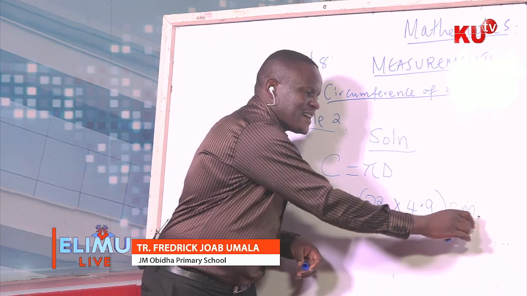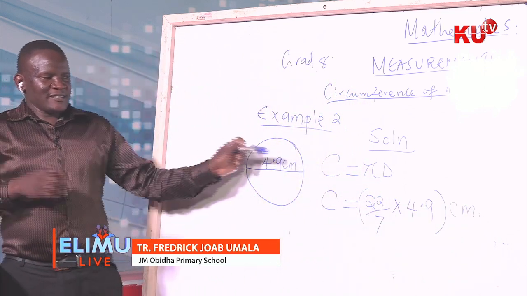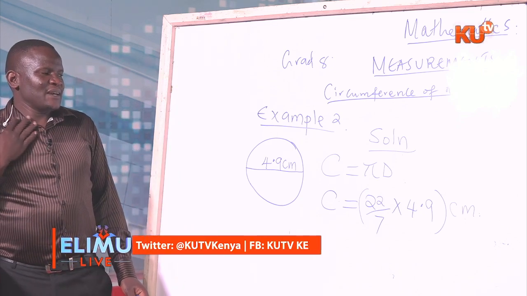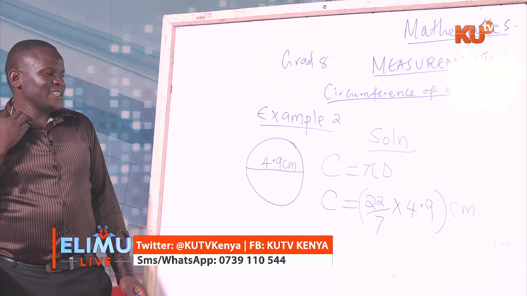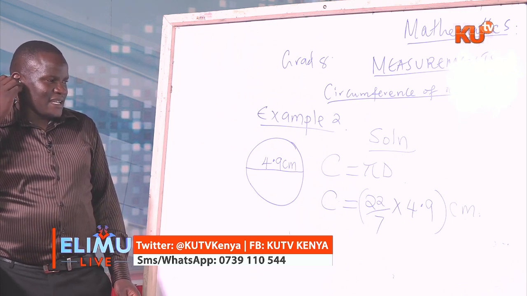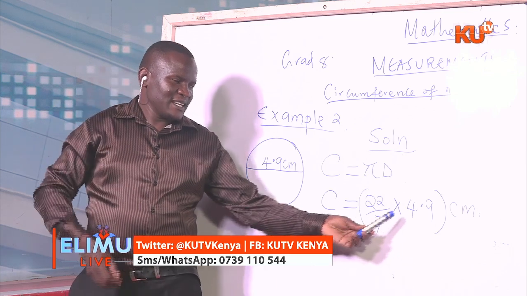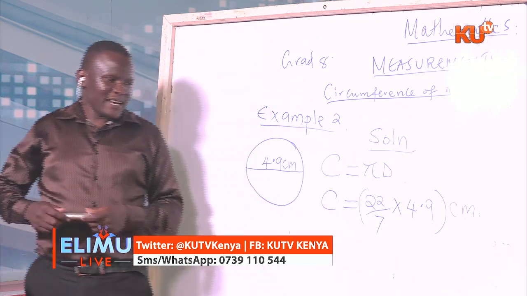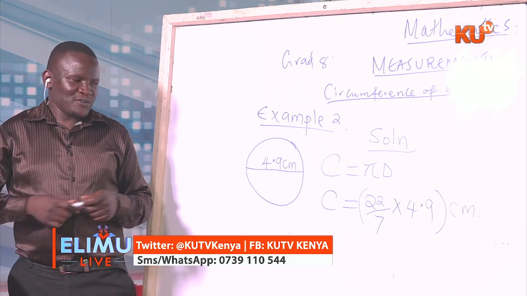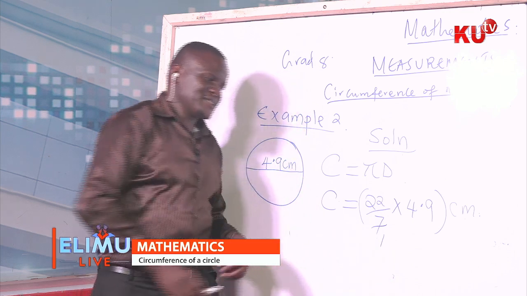All are in centimeters. Circumference is equals to pi d, where C denotes our circumference and our pi is denoted by 22/7. Diameter we are given as 4.9. Straight away we move to the calculation. 7 will go into 7 once.